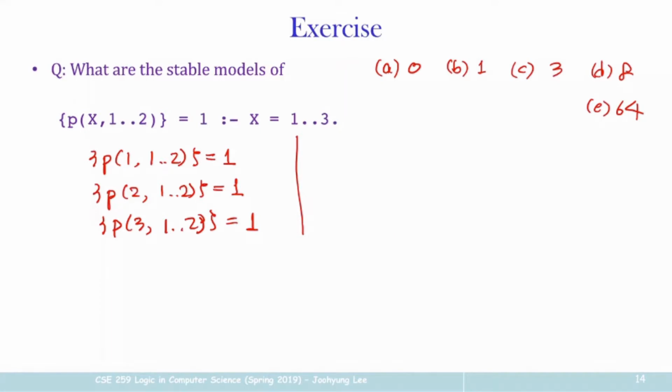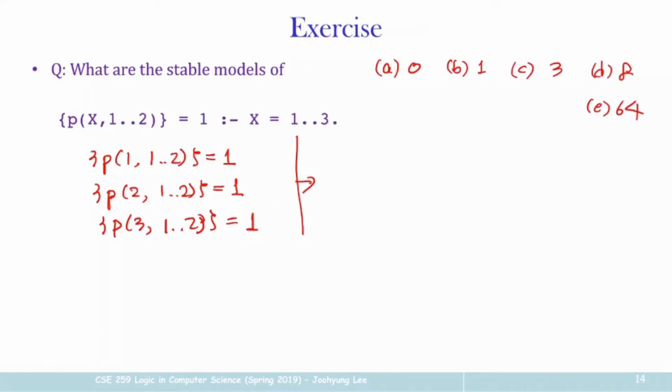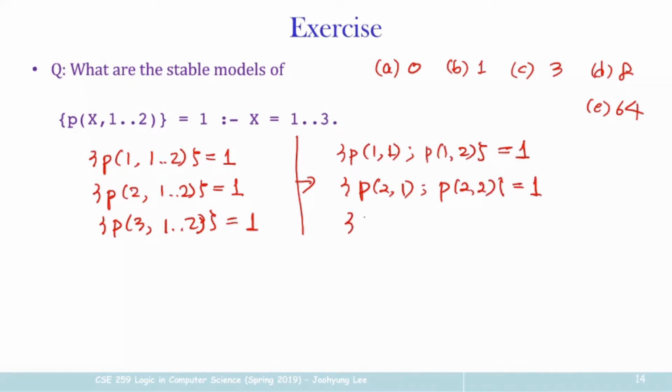So let me tell you, actually, this rule can be further expanded into the base form because here we are using the interval to shorten. What it means is actually P of 1, 1 and P of 1, 2, and P of 2, 1, P of 2, 2, P of 3, 1, P of 3, 2.